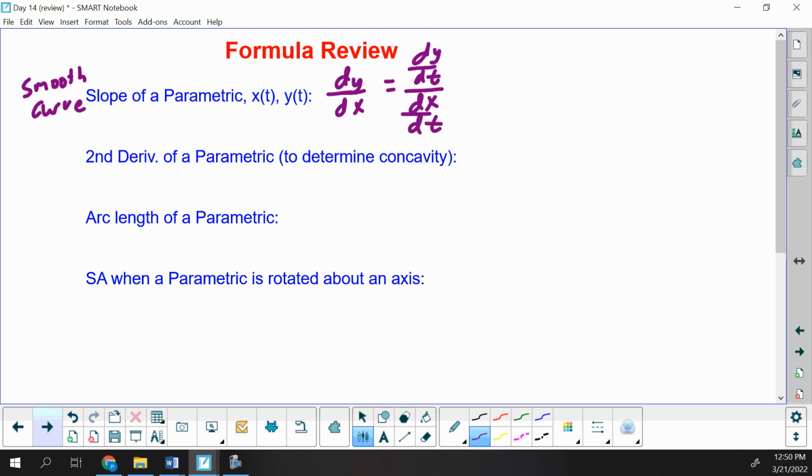If you ever wanted to know where it had a horizontal tangent, we wanted the numerator to be 0, vertical tangent denominator to be 0. Second derivative to determine concavity. We do our derivative with respect to t of our first derivative, dy dx, and then over dx dt.